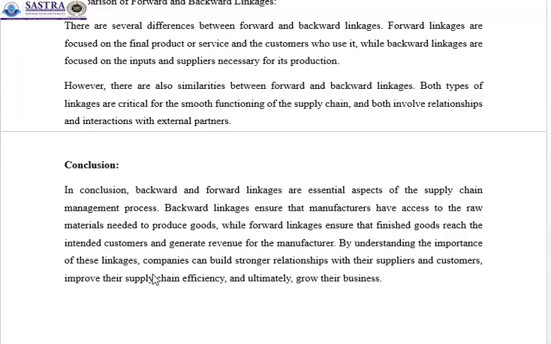By understanding the importance of these linkages, companies should build stronger relationships with their suppliers as well as their dealers or their customers to improve their supply chain efficiency, and ultimately to satisfy their customer needs and grow their business to a larger extent, which is nowadays very much needed in global trade as well as international trade.